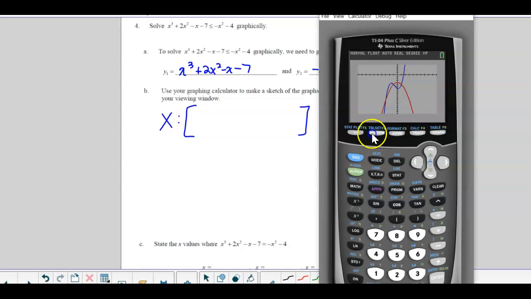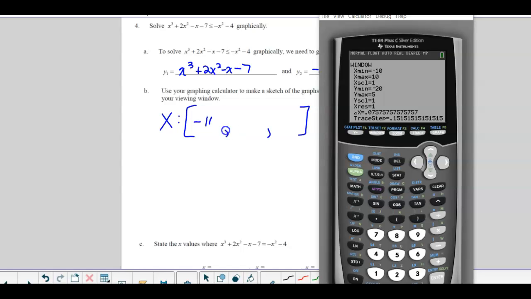The window here is vertical. We do it horizontal just to save space. So the 3 values that you're going to put in are your X min, your X max, and your scale. Now, your window might be different from mine. That's okay, as long as you can see those 3 points, right?